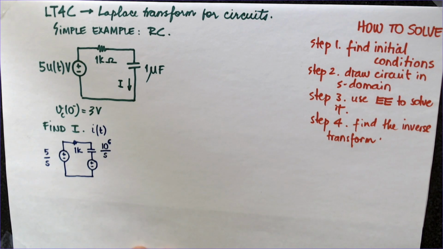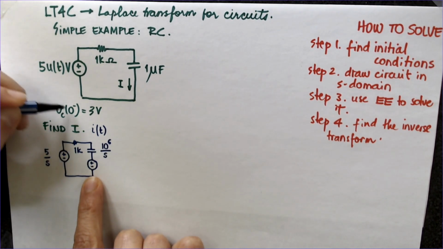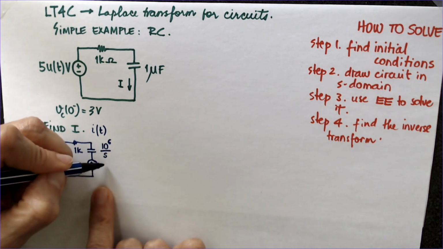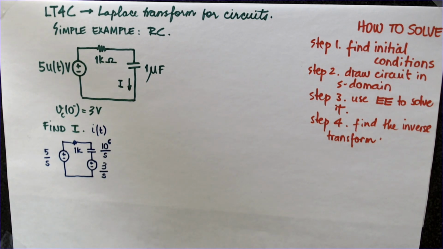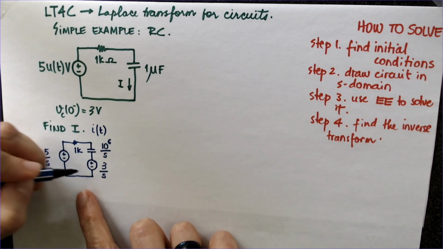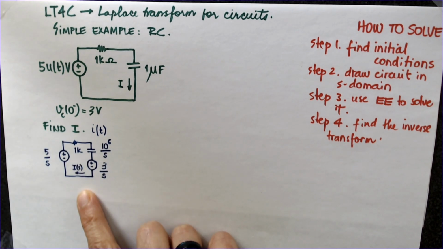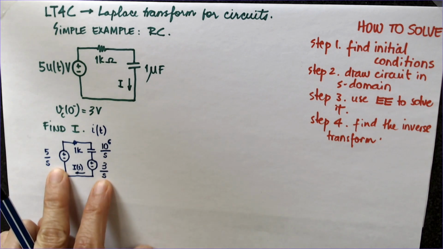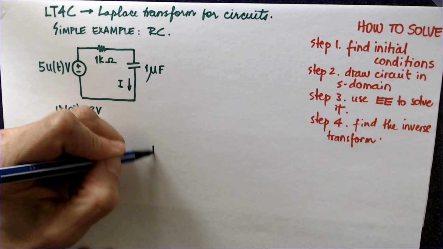So this will have the 3 volts, which is the initial condition, and this is going to be 3 over S. And now we can solve the circuit just like we did in 285, or we did in the beginning of this class. Actually, this whole last year we've been solving it like this. But now the current we're going to get is I of S, so it's in the S domain.